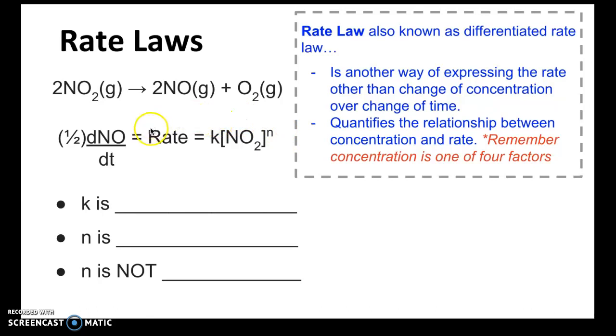That's what the rate law helps us know: at a given concentration, what the rate would be. Because remember, concentration is one of the 4 factors that can change rate. So as the reaction proceeds, if you have an increase or decrease of a species, the rate of the reaction will change.